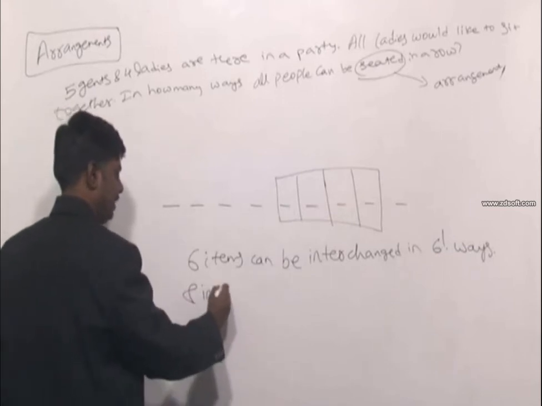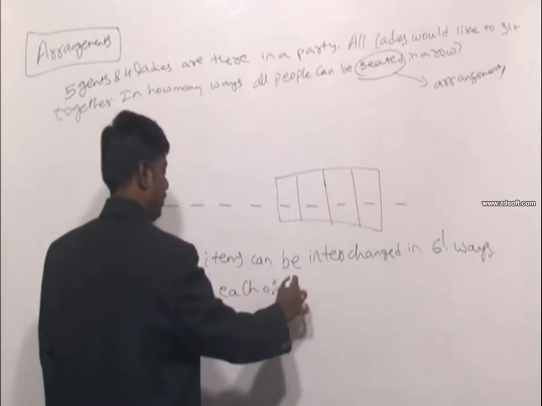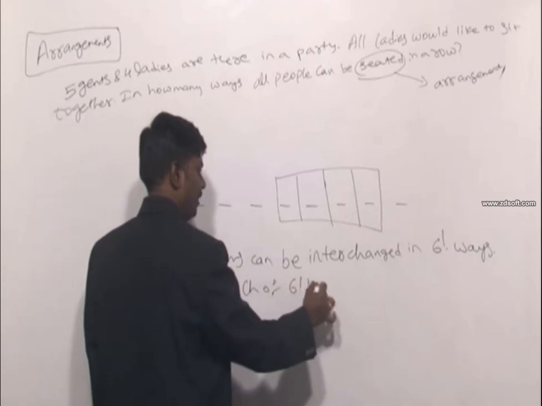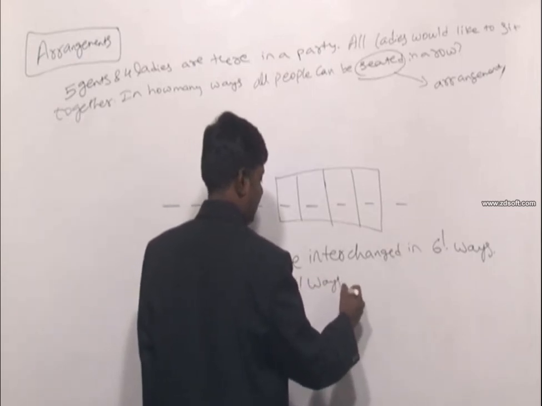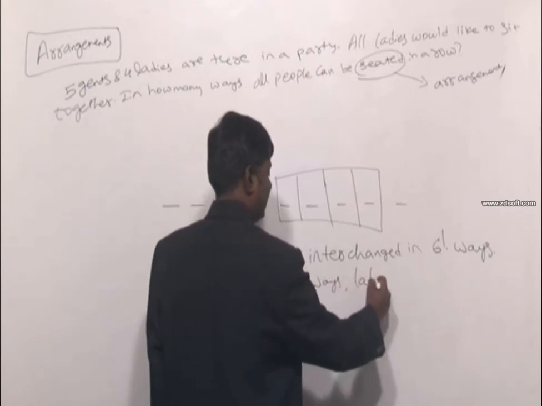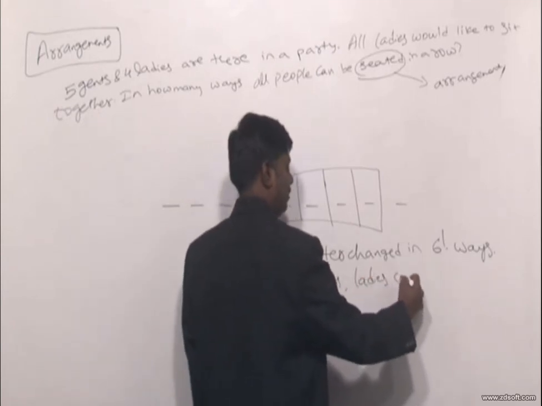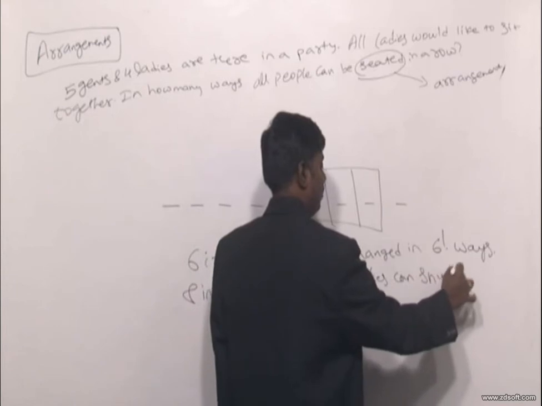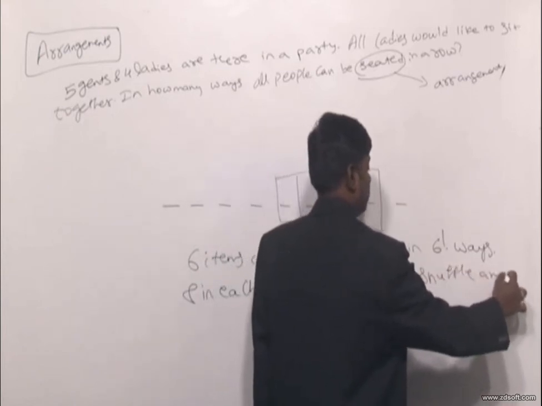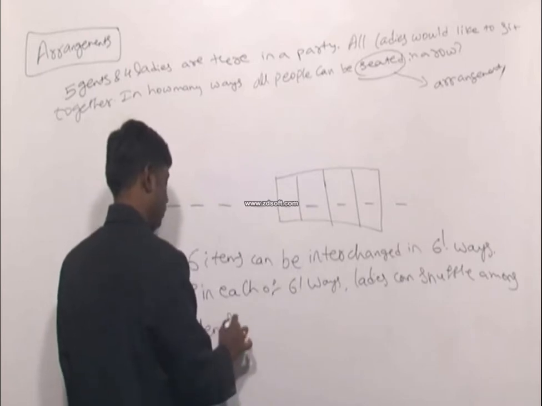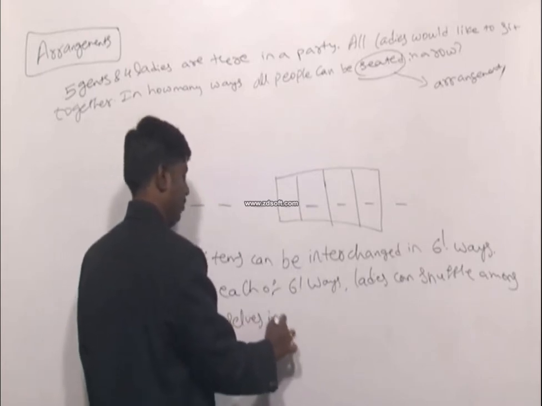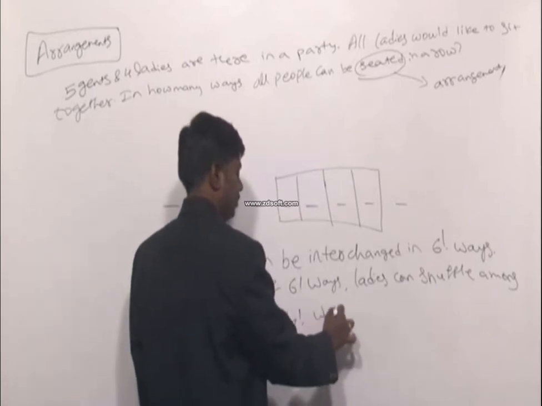And in each of 6 factorial ways, ladies can shuffle among themselves in 4 factorial ways.